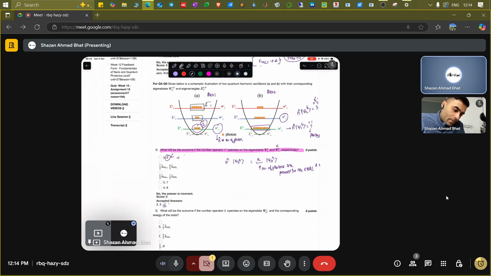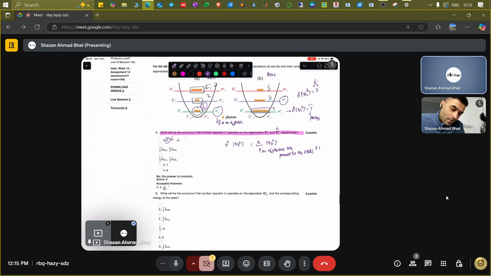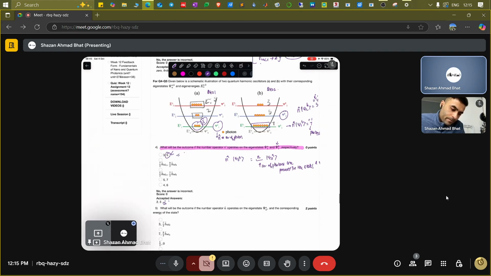So if you operate the number operator here, you're going to get 5. This is 2, this is 3. Similarly, this is 3, 5, 7. So that's how it goes. Maybe there is a mistake here. Okay, that's how it works.